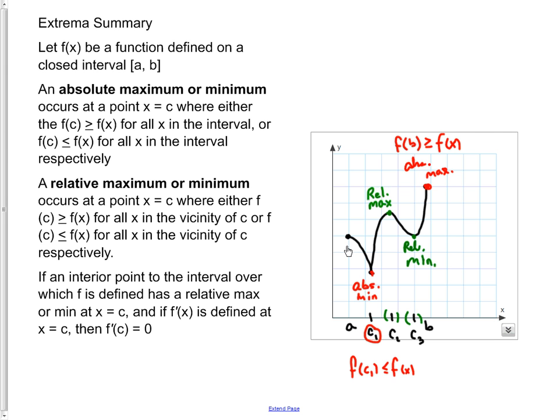Now, what could I say about this endpoint right here? I do want to be very careful, and we should note, if we have an endpoint and it is not the absolute maximum or absolute minimum, then we just simply don't consider it at all. We just will ignore that, right?